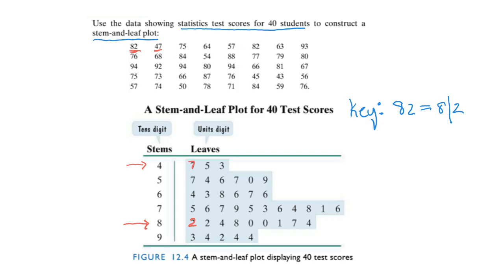Again, stem and leaf plot is another way to display your data so that you can take a look at it and make some inferences or make some conclusions or make a statement about your data set. All right, so for instance, we can make a comment about the 70s here since it has a lot of values, right?